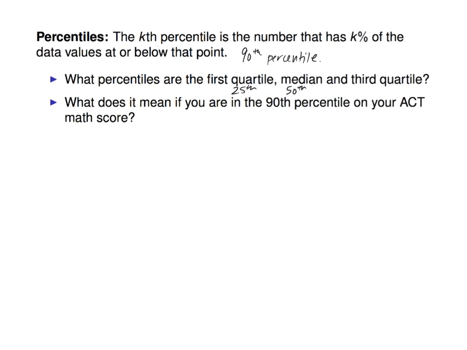That's the 75th percentile. So if you're in the 90th percentile, that means you are at or above the score of 90% of your peers. Means you're cool.